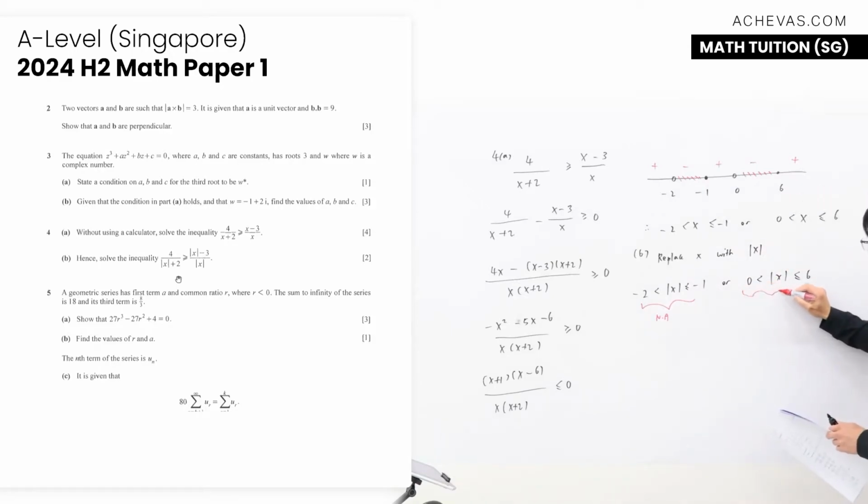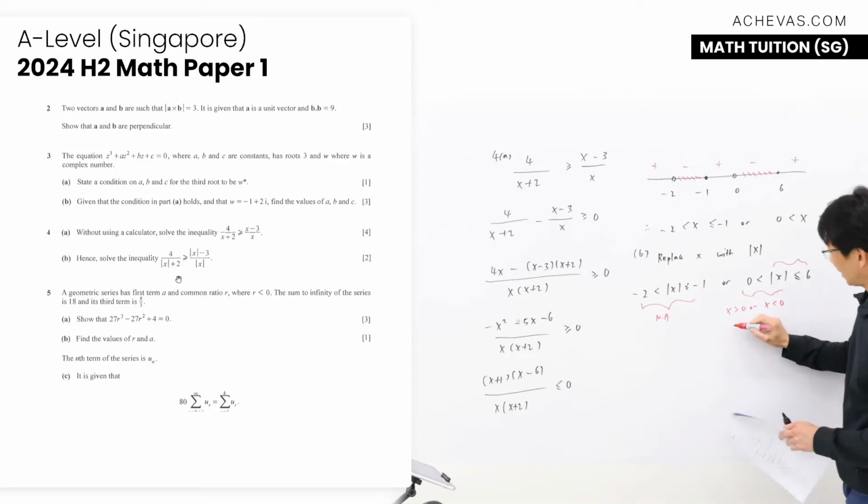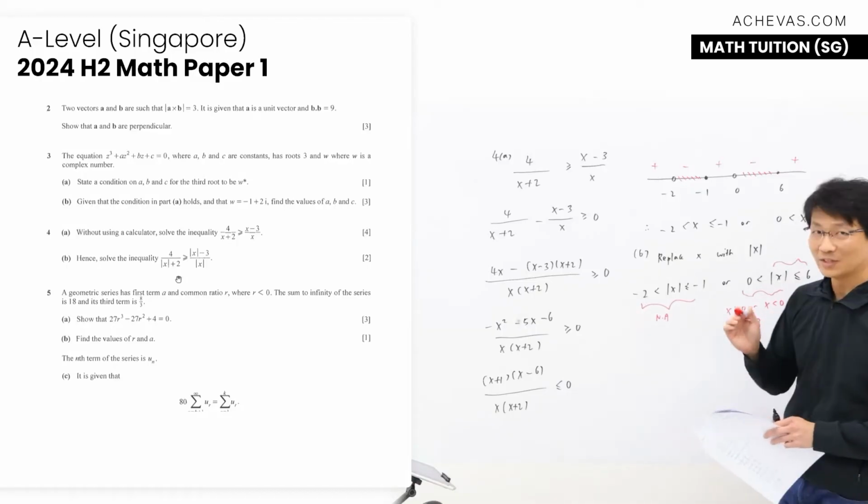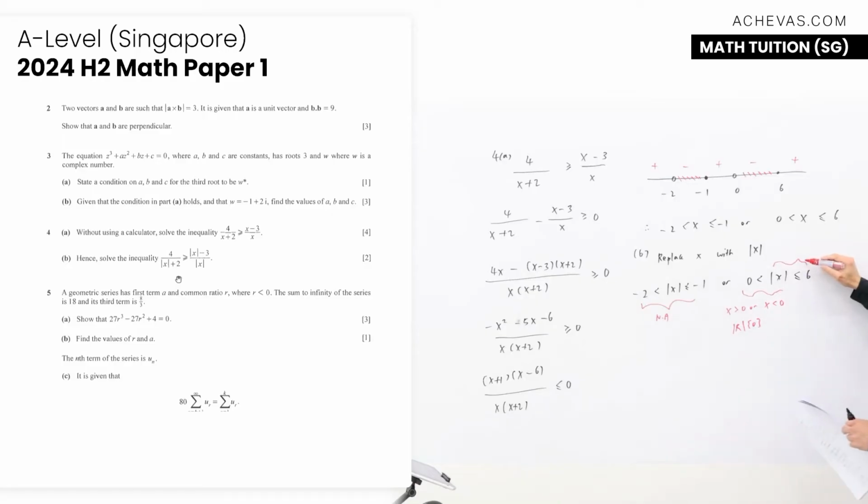As for this, we have two different portions. For this first portion, I want to find modulus of x greater than 0. If you split up the modulus, you will have x greater than 0 or x less than 0. In fact, it's almost everything except that we have to exclude 0. As for this particular part, likewise, I'm going to split up the modulus.